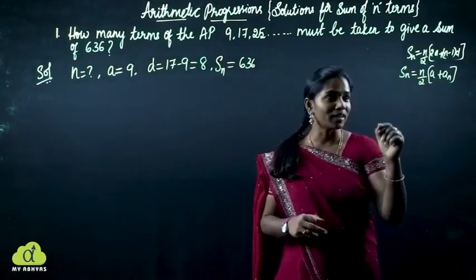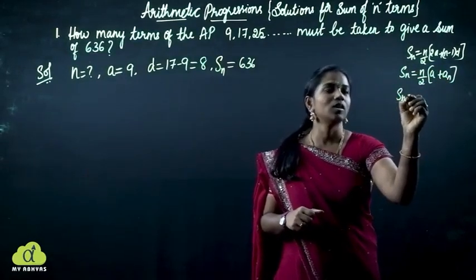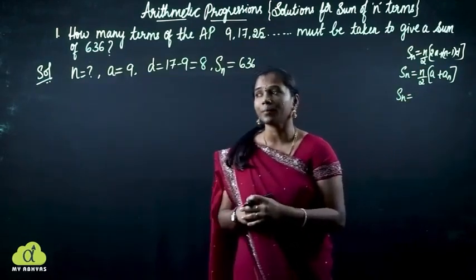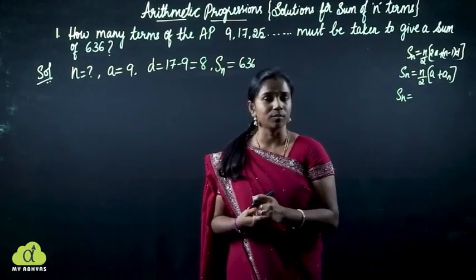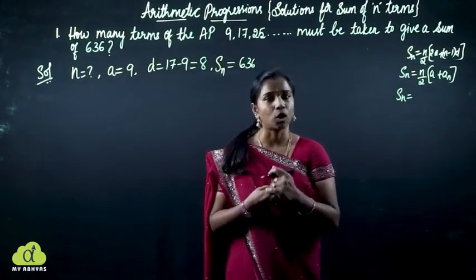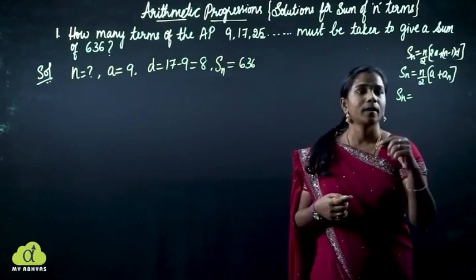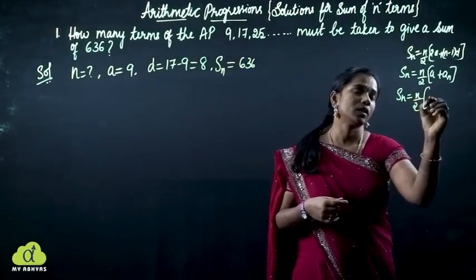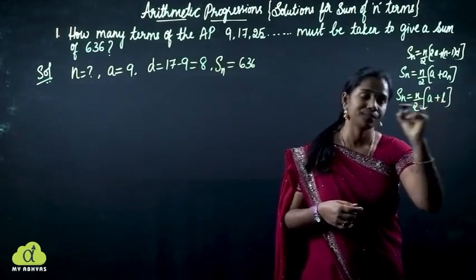Write that also, or if you have written already, just recollect it. I have already informed you that whenever we start a new session, you have to keep your formula chart ready, and keep revising every time. So it is n by 2, a plus an.